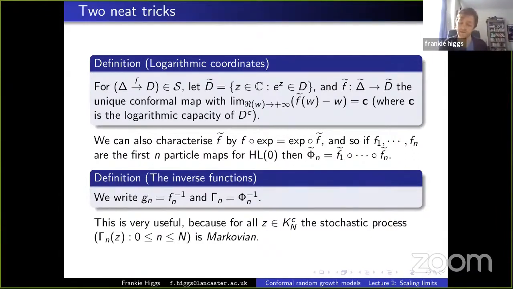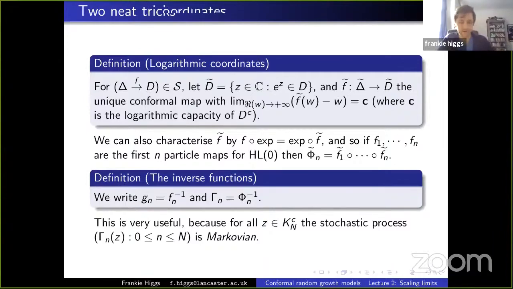It lets us say gamma_n of z is very close to z times e to the minus t, which is what it would be if we had a disk of radius e to the t. And so the cluster itself must be very close to the disk. We'll see this explicitly later.